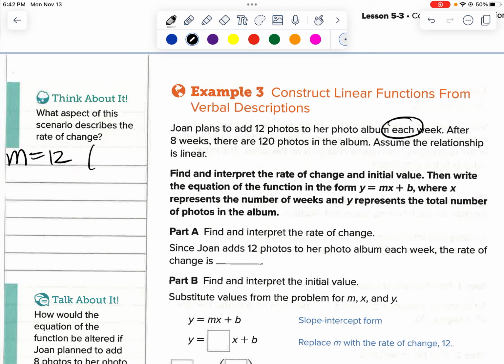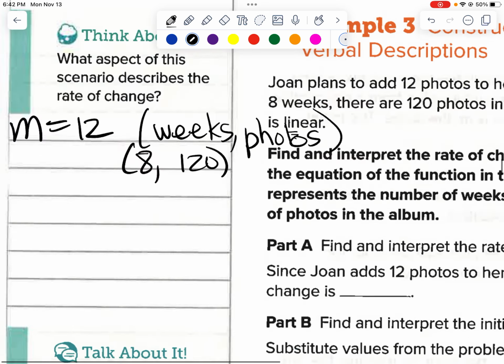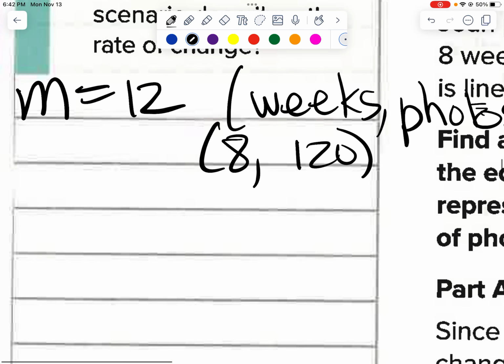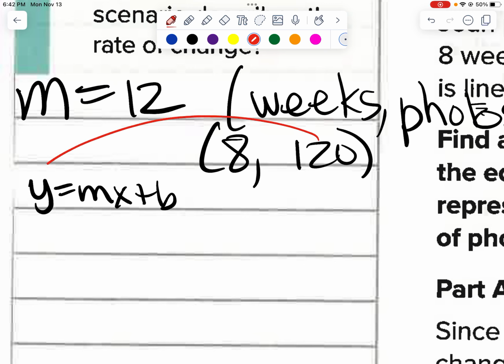So we're doing weeks, photos. There are 8 weeks and 120 photos. So I plug it into my y equals mx plus b.